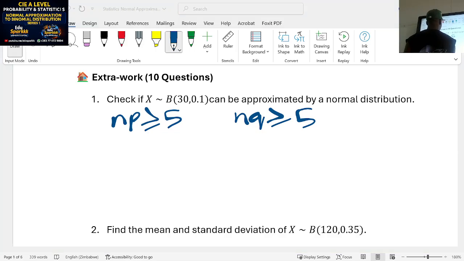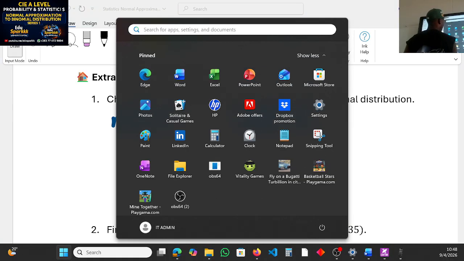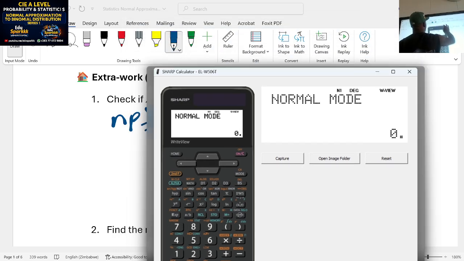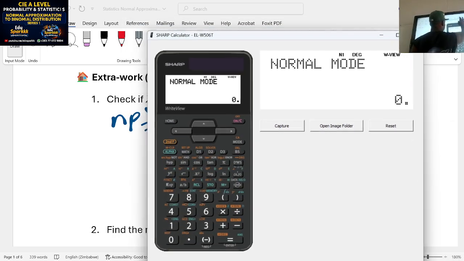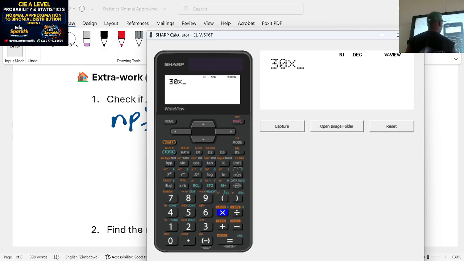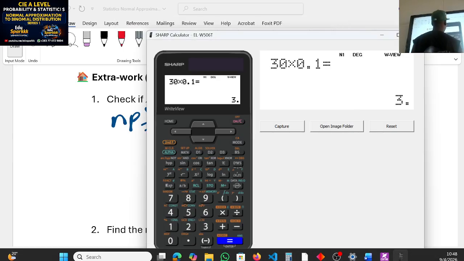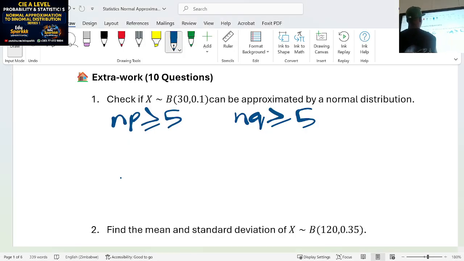Let me take my calculator. I'm given n as 30, so np is 30 multiplied by 0.1, which gives me 3.